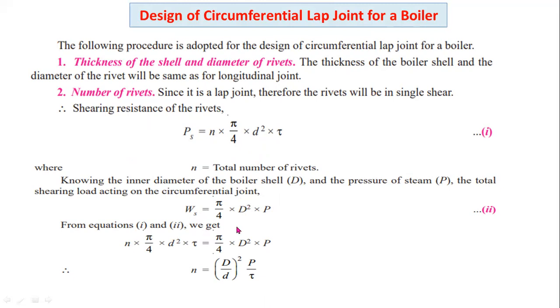That value equals pi/4 D square into P. Capital P is the maximum inside gas or steam pressure, and capital D is the internal diameter of the boiler shell. So this is the cross-sectional area or inside pressure area. Now by equating equation 1 and equation 2, you will get the value of n.